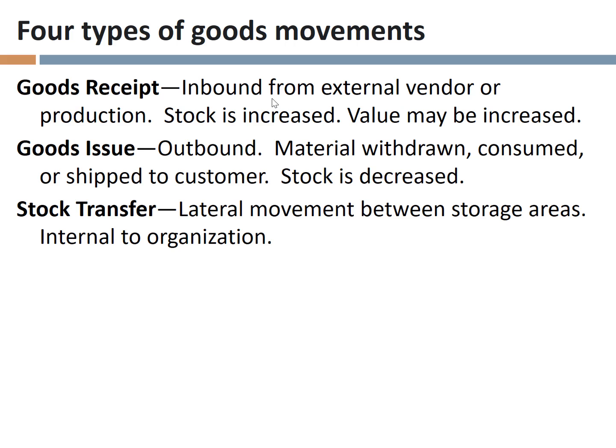What do I mean by that? I mean internal to a client. So a stock transfer can span across different company codes. So what I'm actually going to have here is a stock transfer with a movement type of stock transfer to another company code that's going to be kind of like the logistics of purchasing or selling, but we're doing it internal.